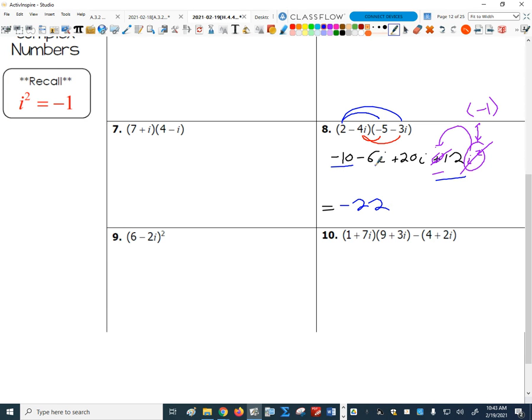And then I've got a negative 6i and a positive 20i that add to 14i, right? There it is. Okay, no biggie, right? Adding, subtracting, and multiplying complex numbers is really very simple.